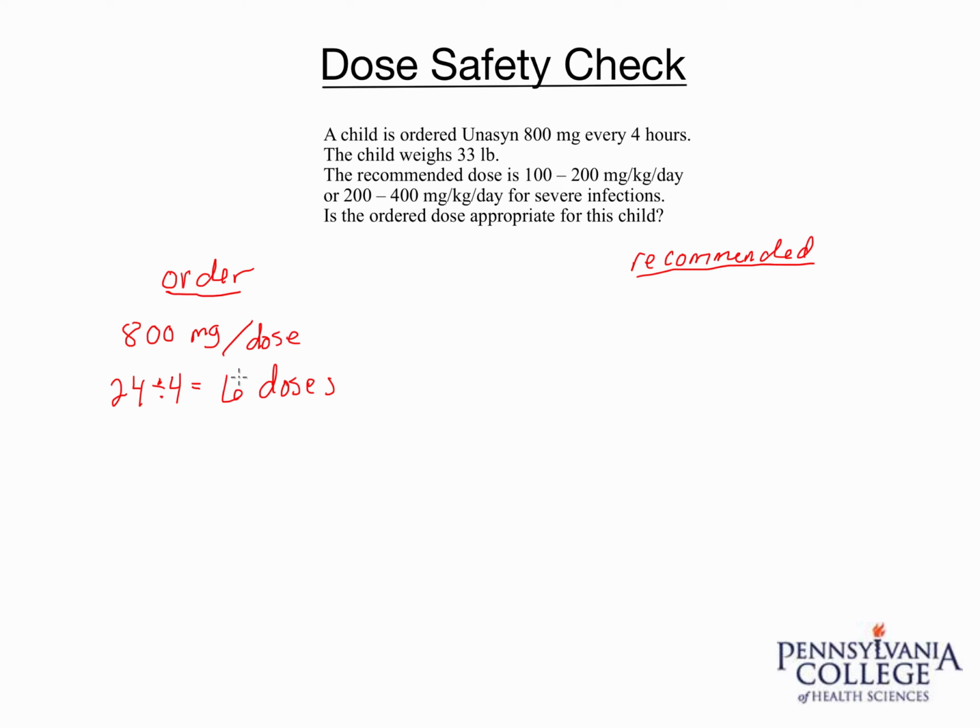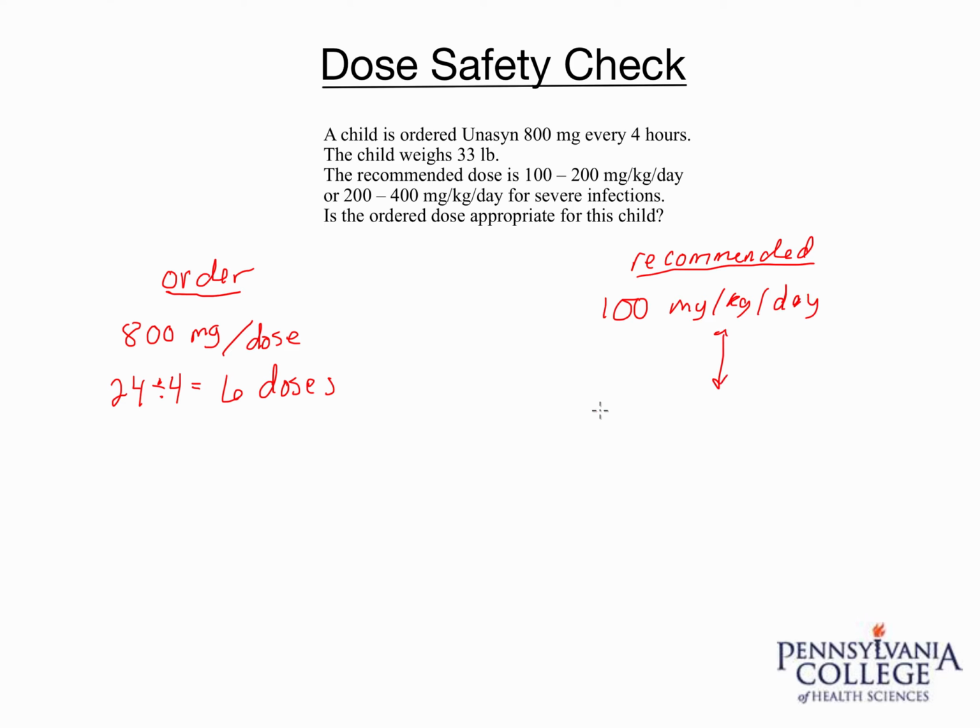The recommended is actually a little bit more complicated than other problems in that we're given two recommended ranges. One is 100 to 200 milligrams per kilogram per day, and the other is 200 to 400. That means what we're going to consider is anything between 100 milligrams per kilogram per day all the way up to 400.